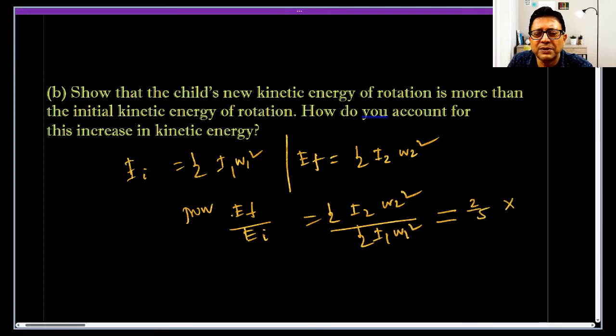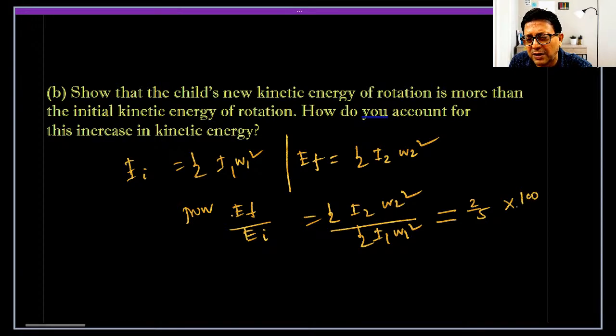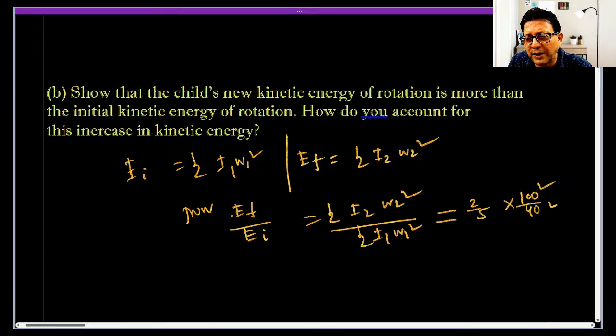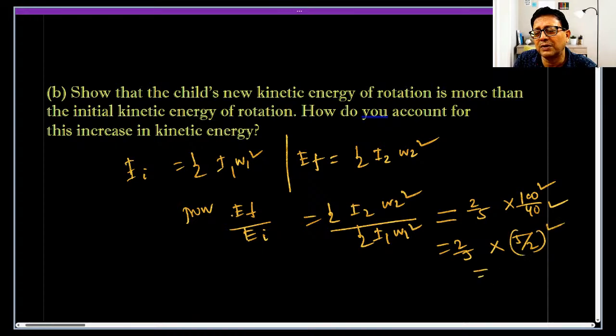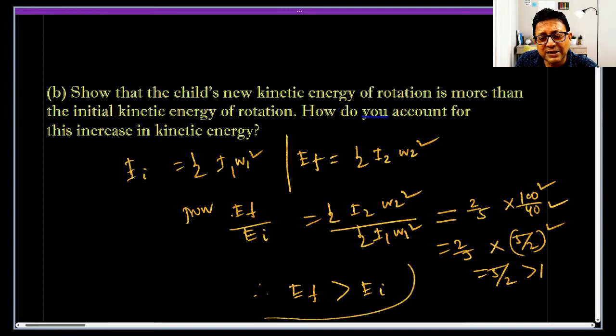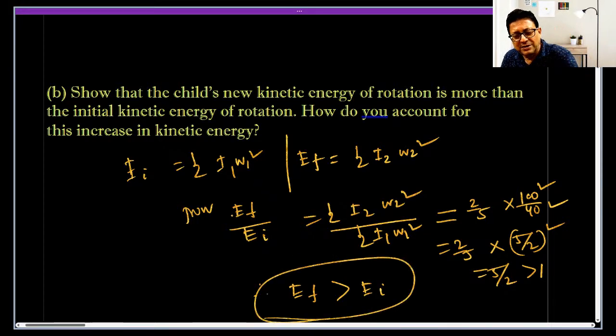So 2 by 5 into 100 square by 40 square. This is becoming 5 by 2 whole square. It's coming 5 by 2 only. It is greater than 1. So final is greater than EI, isn't it? Final kinetic energy is greater than the initial kinetic energy.